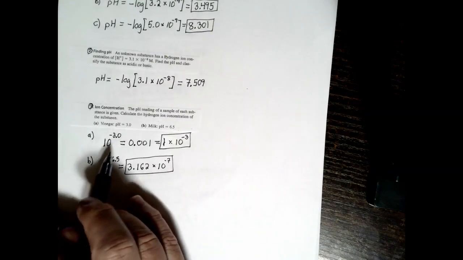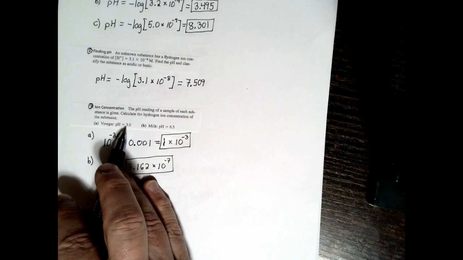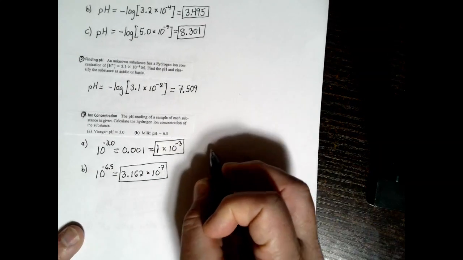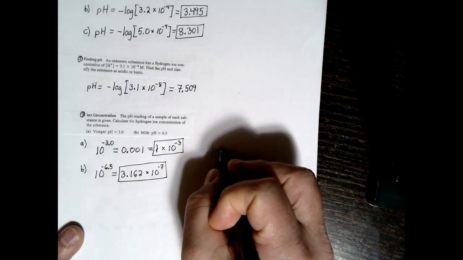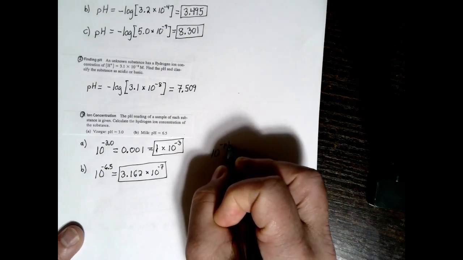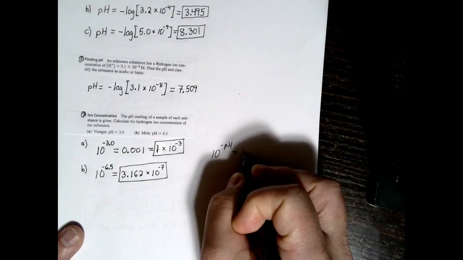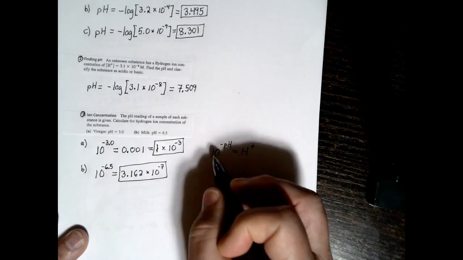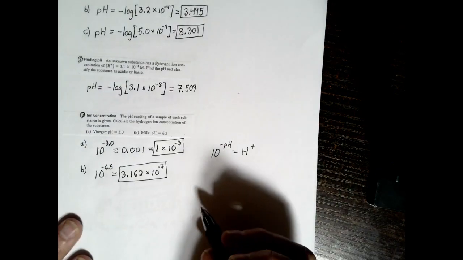Now here they give you a pH, and they ask you to find the hydrogen ion concentration. So remember, the formula for that is 10 to the negative, whatever your pH is, equals your H plus. And it's always good to have your calculator in scientific notation mode when you do these.